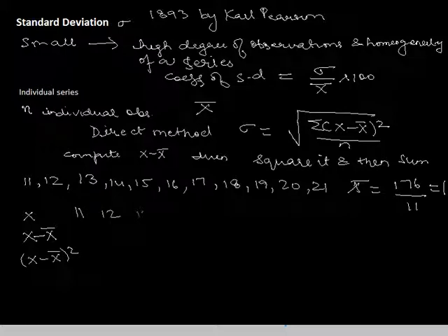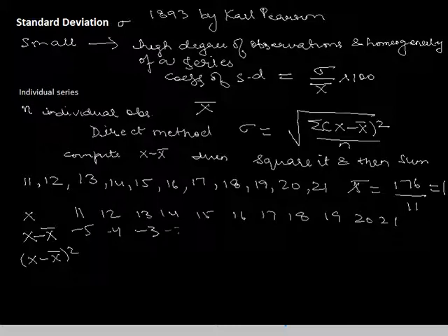So x is 11, 12, 13, 14, 15, 16, 17, 18, 19, 20, 21. Now x minus x bar is minus 5, minus 4, minus 3, minus 2, minus 1, 0, 1, 2, 3, 4, 5.